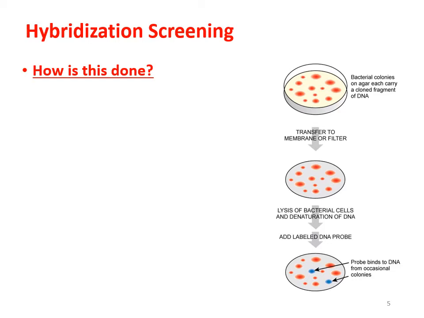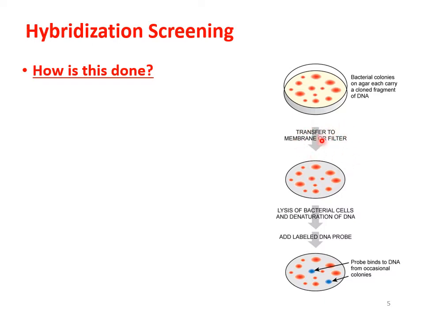Okay, I'm going to go through first, and then I'll give you the recap slide for you to take down your notes. So the first thing that you would do with hybridization screening is you would transfer your bacteria, which contain the fragments of the library, onto a filter. Okay, so transfer all of these bacteria from your plate that have all the genes present, and you transfer them onto a thin filter.